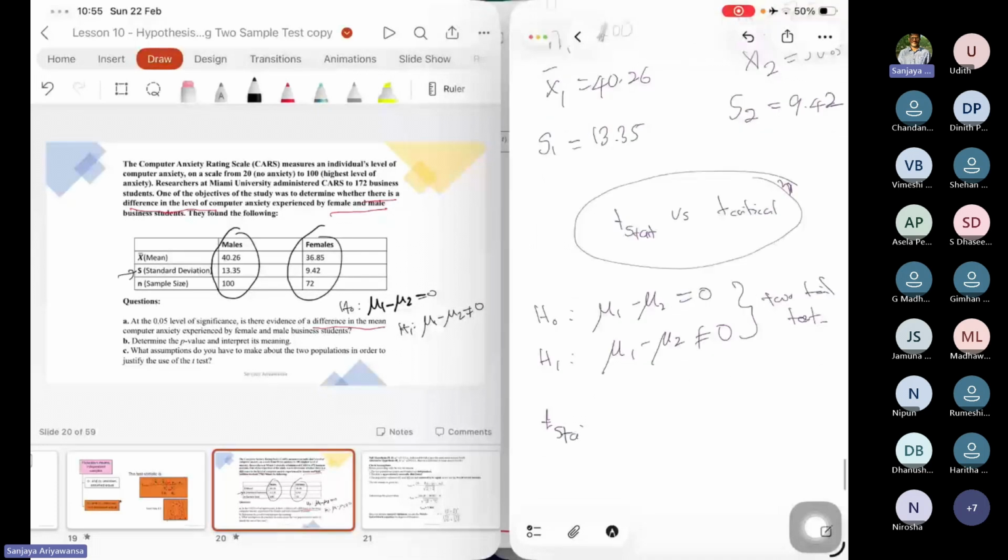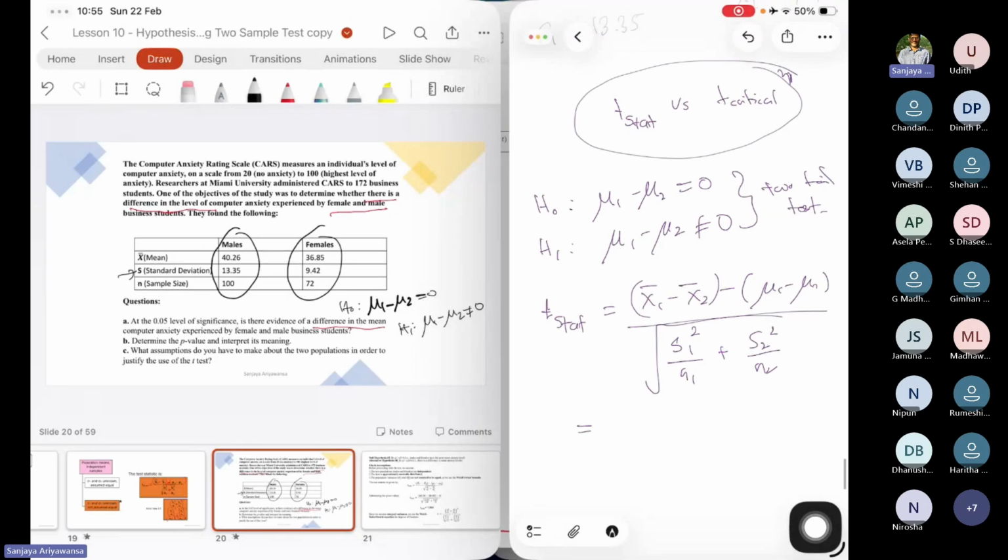So let's calculate the t test statistic. How is it given? X1 bar minus X2 bar minus mu1 minus mu2, divided by the square root of S1 squared divided by N1 plus S2 squared divided by N2. Let's substitute in the values. X1 bar is 40.26 minus X2 bar 36.85. We are claiming the difference is 0.